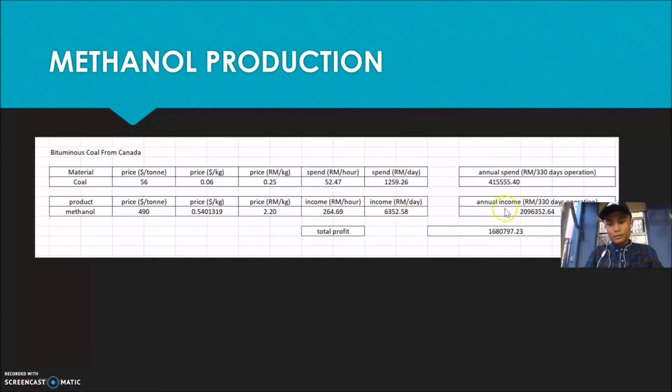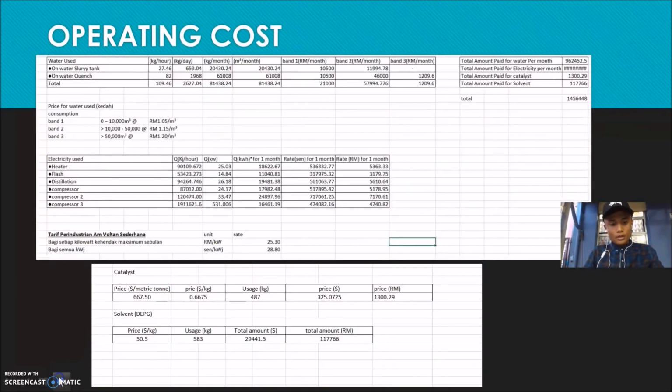So the annual income for 330 days of operation is 2,096,352.64 ringgit Malaysia. So the total profit is 1,687,797.23 ringgit Malaysia.